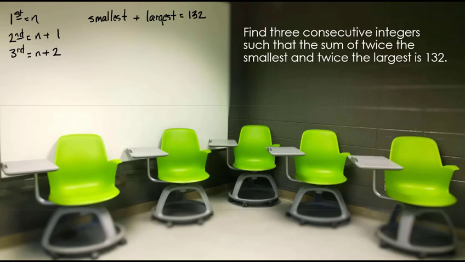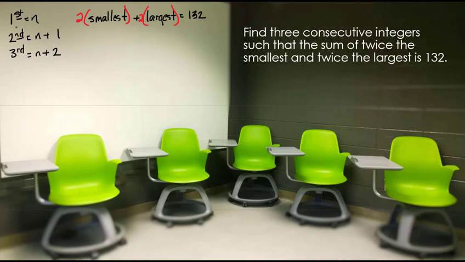We've actually got to manipulate that a little bit because it's actually twice the smallest. So we're going to have to do 2 times the smallest and twice the largest. And that'll get us 132.